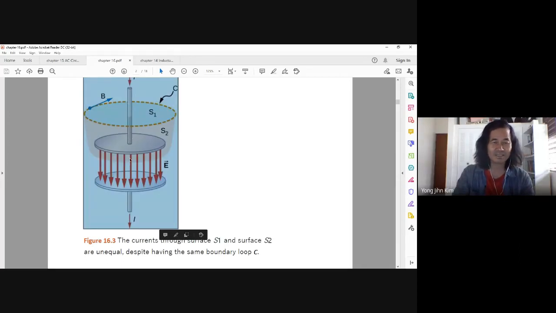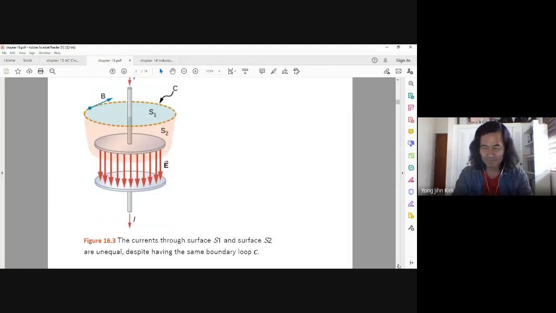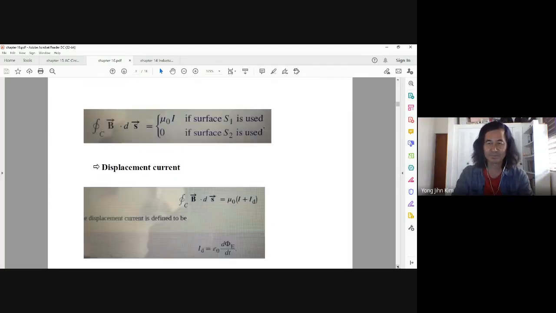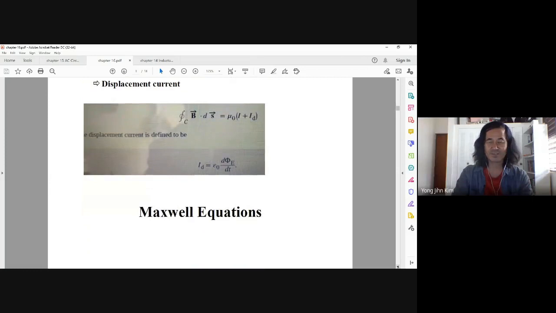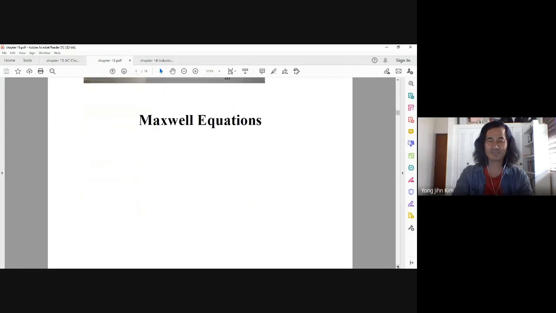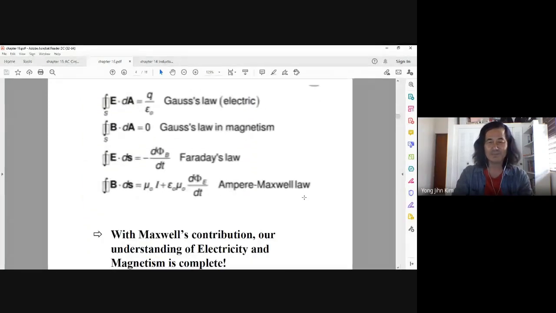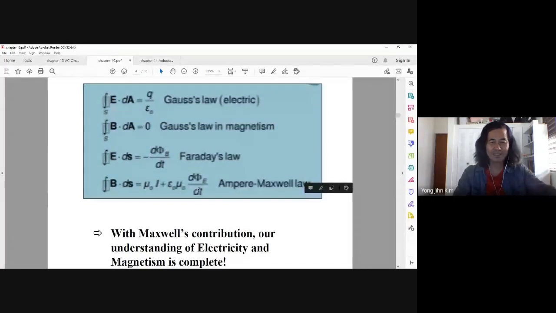But inside the capacitor, electric flux is changing, and that produces the induced displacement current. So Maxwell modified Ampere's law by adding this term.